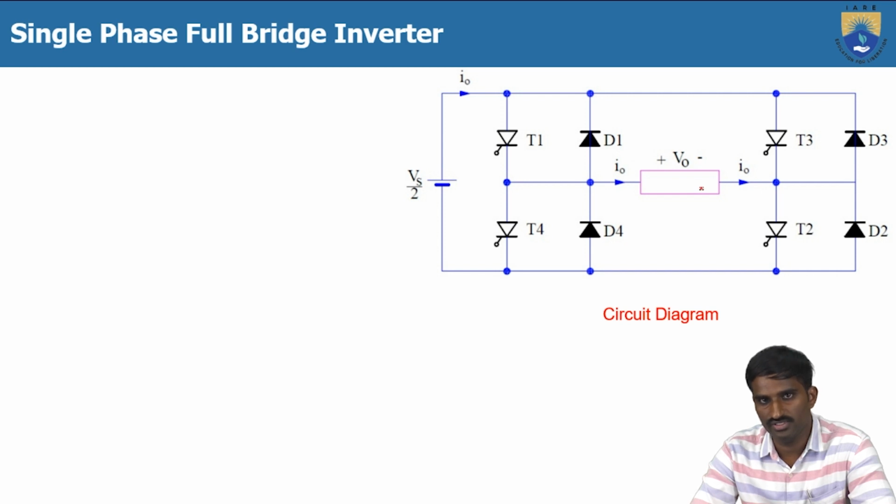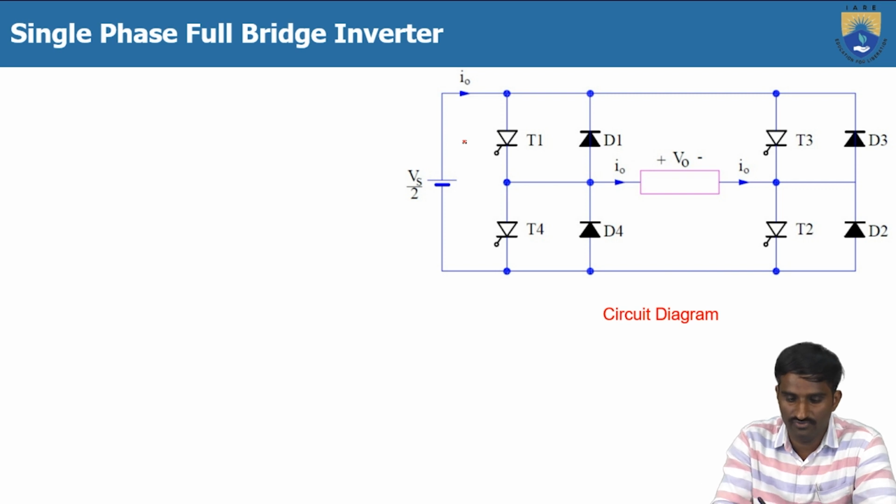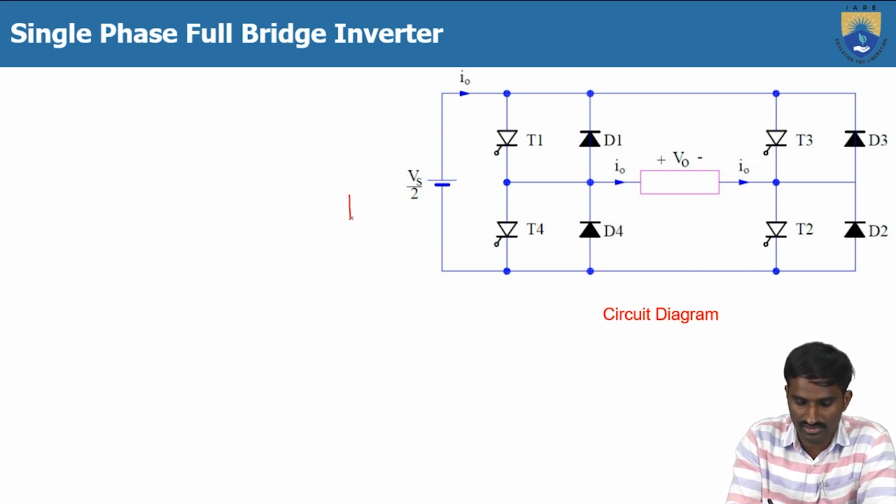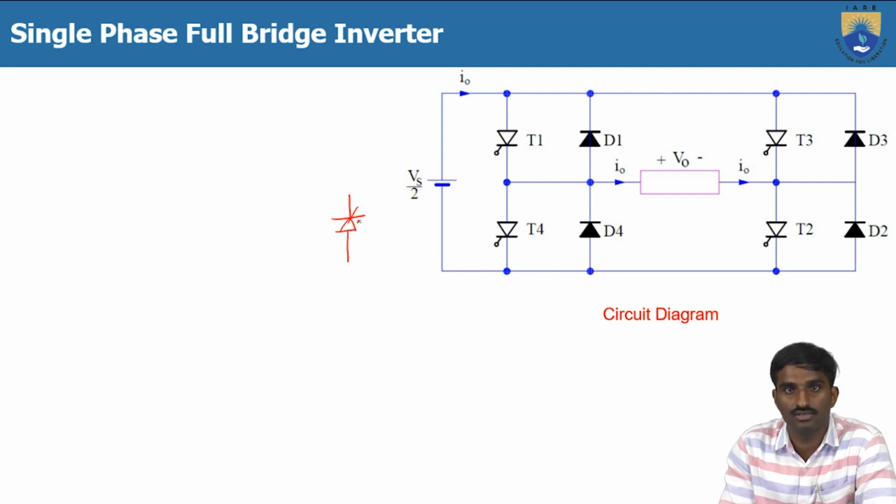Another difference is that the orientation of these thyristors is opposite to the orientation of the thyristors connected in the rectifier, because in the rectifier the thyristors are connected like this, right? But in the inverter it is the opposite direction.